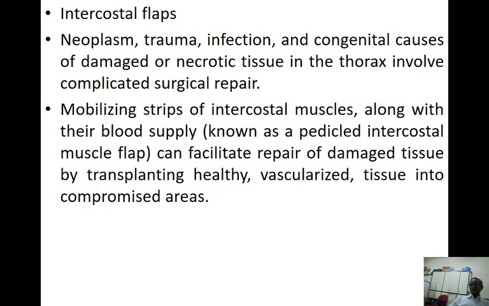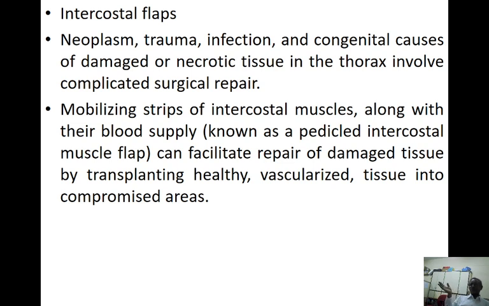Intercostal flaps. Neoplasm, trauma, infection and congenital causes of damaged or necrotic tissue in the thorax involve complicated surgical repair. Mobilizing strips of intercostal muscle along with their blood supply, known as a pedicle intercostal muscle flap, can facilitate repair of damaged tissue by transplanting healthy vascularized tissue into the compromised area.